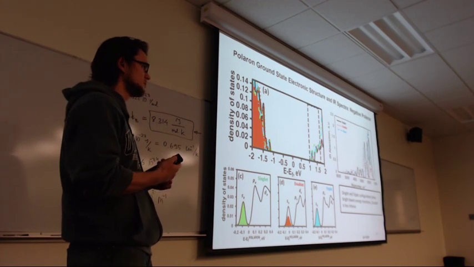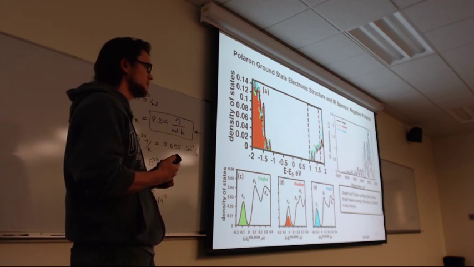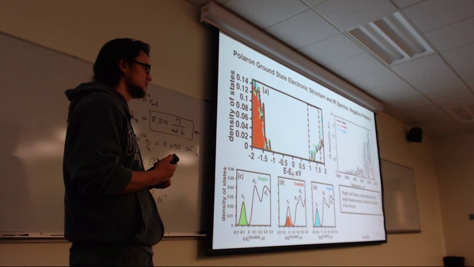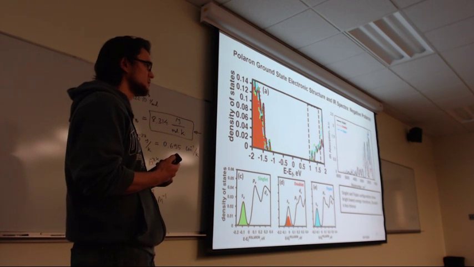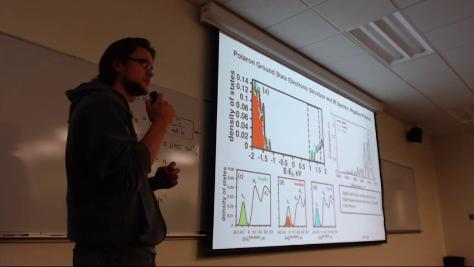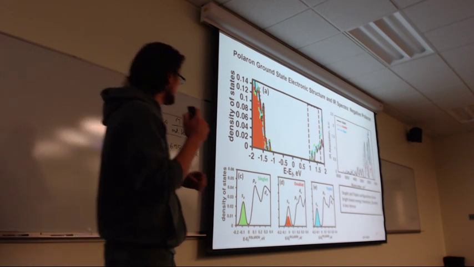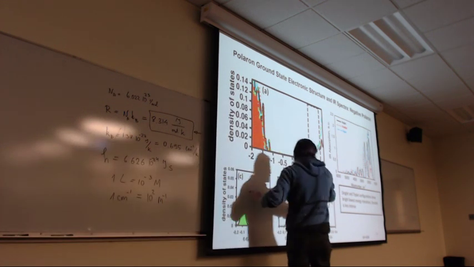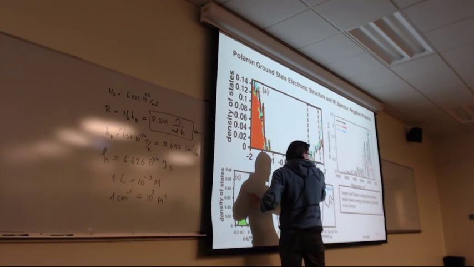These are different simulations, so the number of electrons is different between these pictures. Singlet and triplet have the same number of electrons, and the doublet has one less.